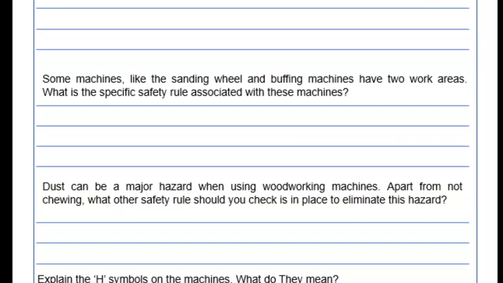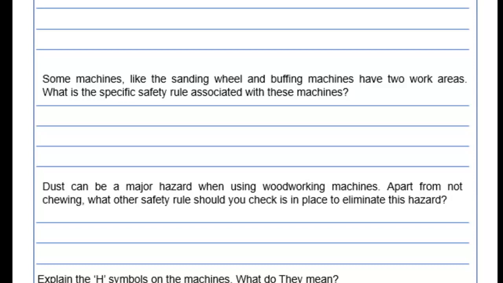Question 4. Some machines, like the sanding wheel and buffing machines, have 2 work areas. What is a specific safety rule associated with these machines? So there are a lot of safety rules that we could use on these machines, but specifically it's looking at something that will stop accidents where a machine can be used in 2 areas.